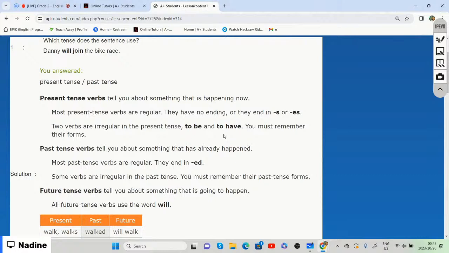And then we also have irregular past tense, which means that you must just remember the past tense form. Like the example, sing, sang, go, went. The wording changes.